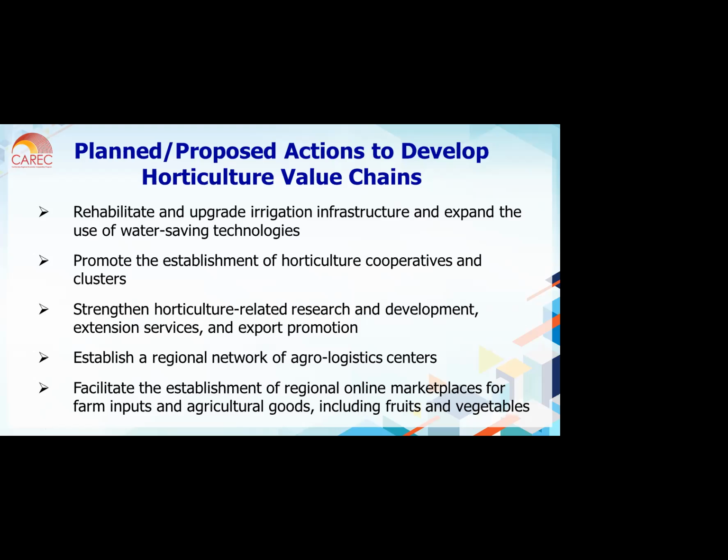It is suggested to support the development of cooperatives and clusters in the area of horticulture to achieve economies of scale and strengthen horticulture-related research and development, as well as export promotion and extension services.